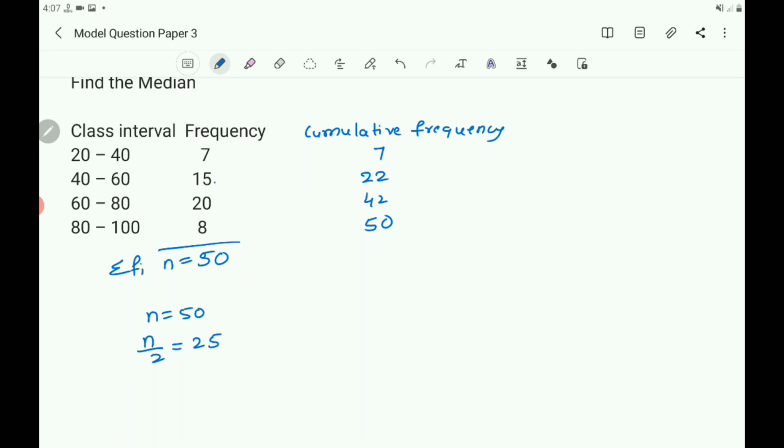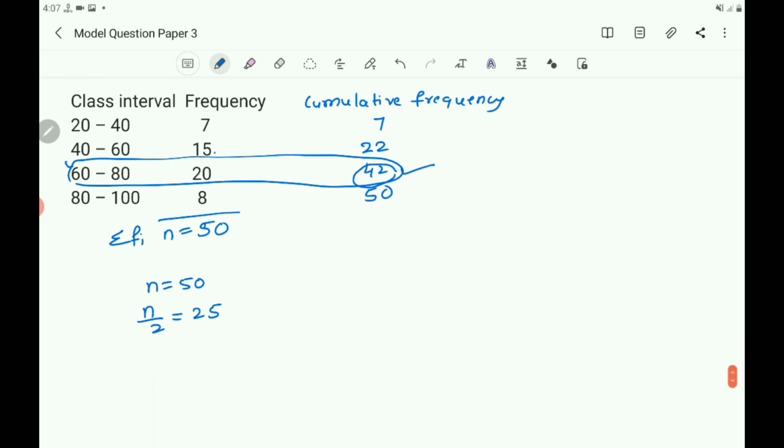And you know that you have to get the nearest greater cumulative frequency to 25, that is 42. So this is the median class. Which is the median class? 60 to 80 is the median class, because here you have to consider this 42.